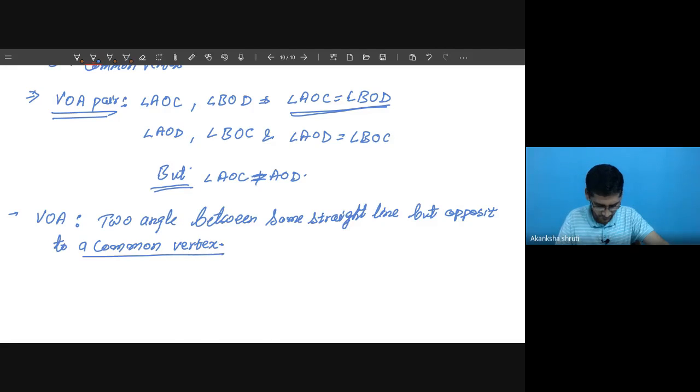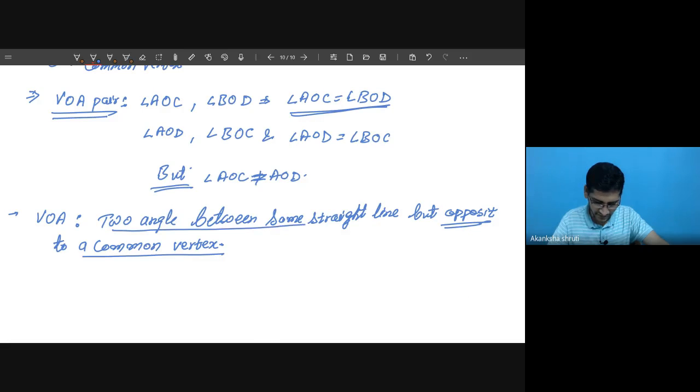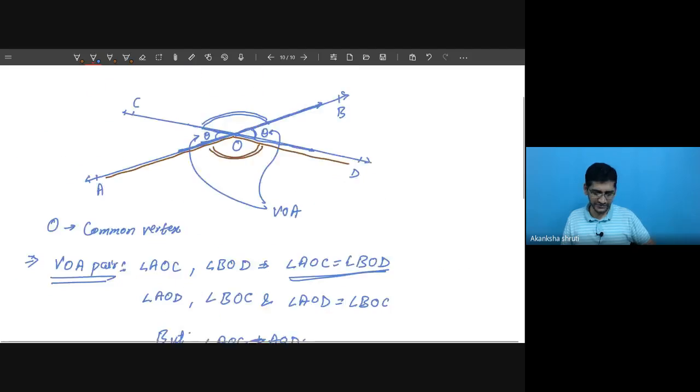So they are opposite to a common vertex and they are between the same straight lines. It is important. So that we have done here.